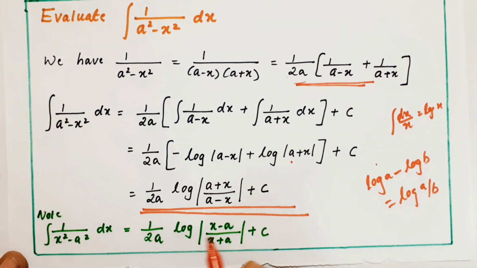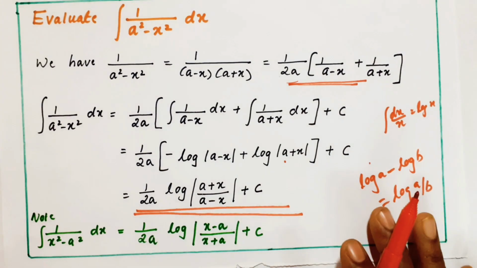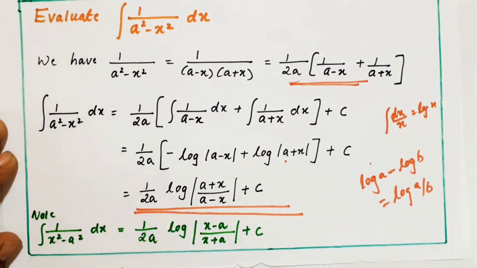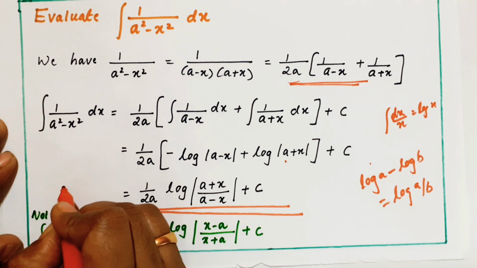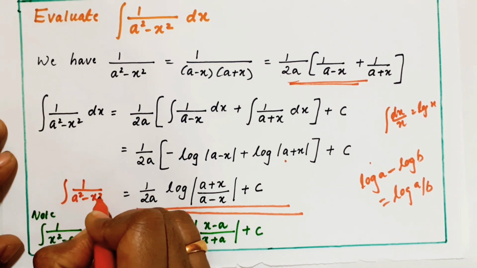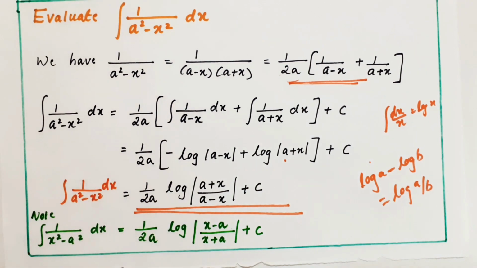So it is 1 by 2a log ((x − a) by (x + a)) + c. So you see, I gave some shortcut formulas for solving numericals. These two I am just adding to the previous ones.